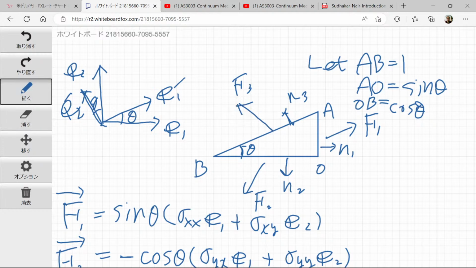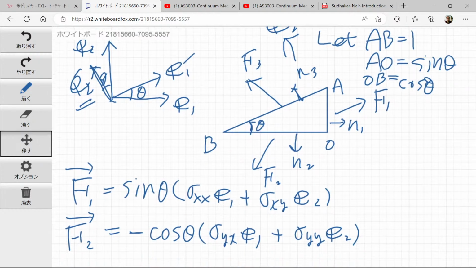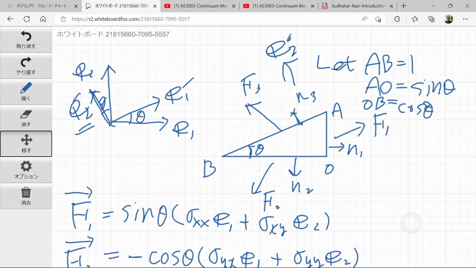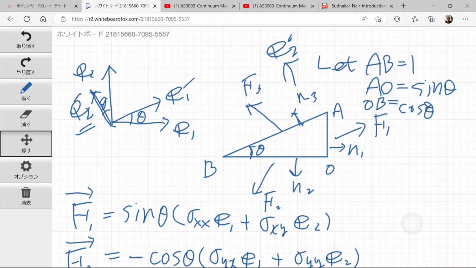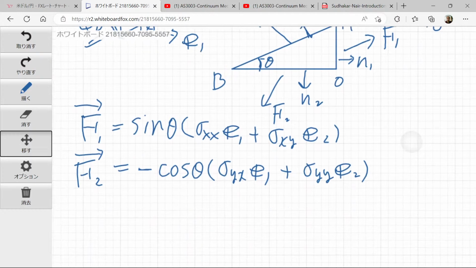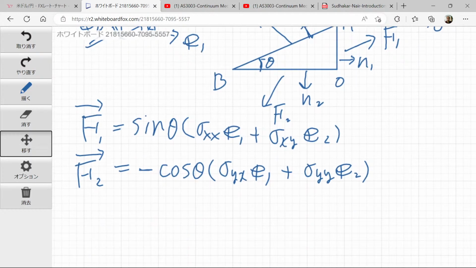But the normal vector is in this direction, the E2 prime direction, positive. So you can use the same formula as above.